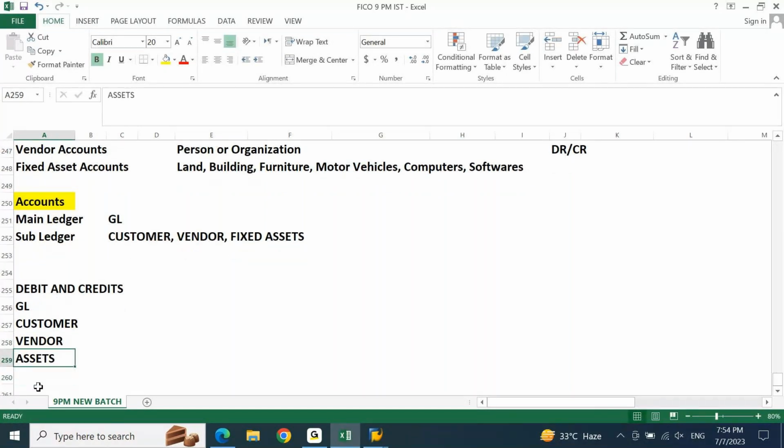Whenever we write asset, always remember we are representing fixed assets. I'll put account here. Next, I will put debit. I will put credit.